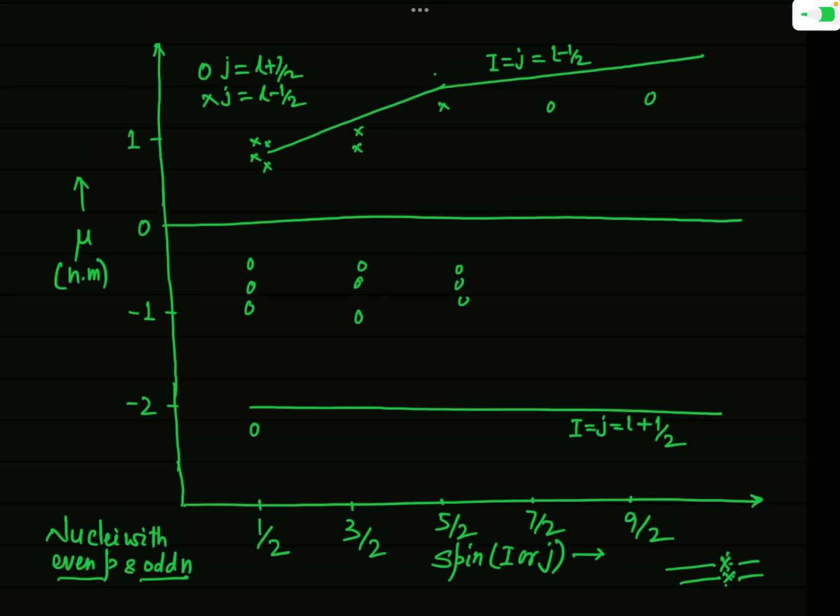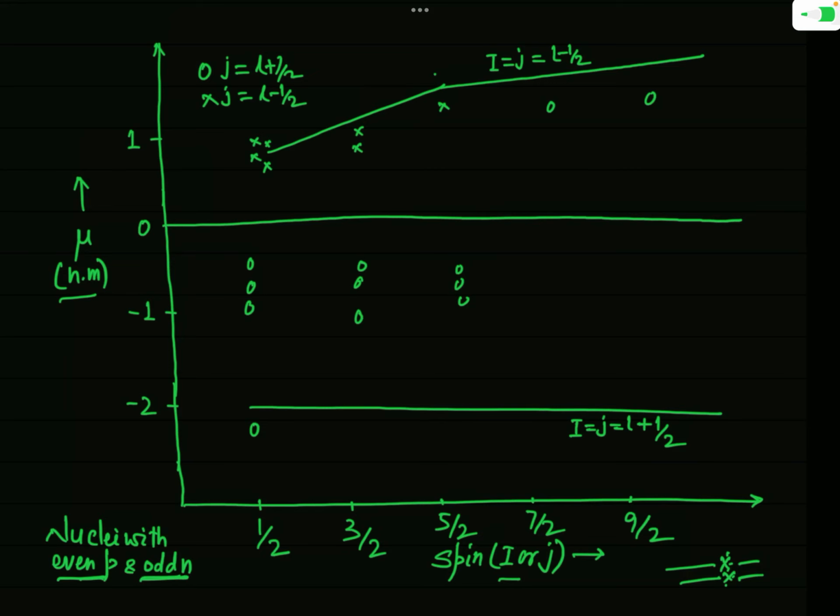Again we have plotted mu in against I or J, and these curves are obtained for nuclei with even Z or even P and odd N. It means here the magnetic moment is due to the odd neutron, and in the first case it was due to the odd proton.